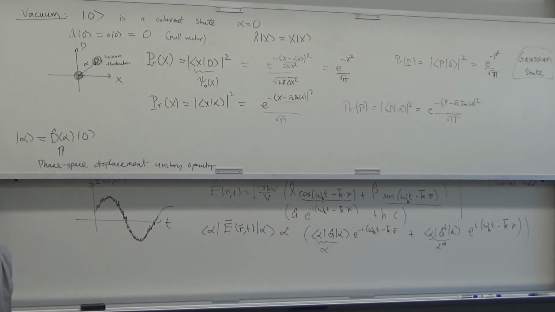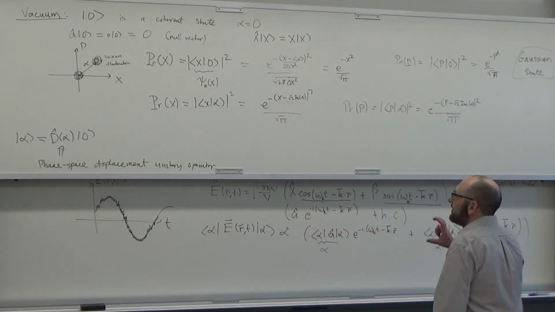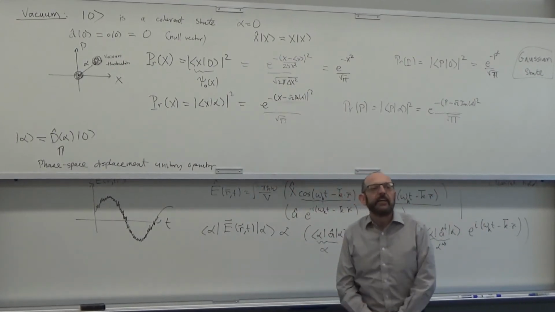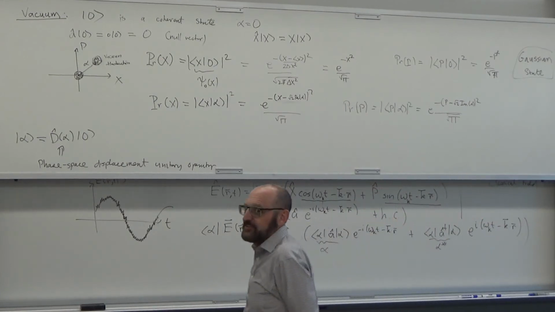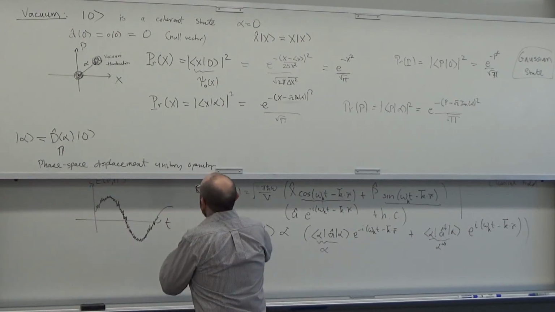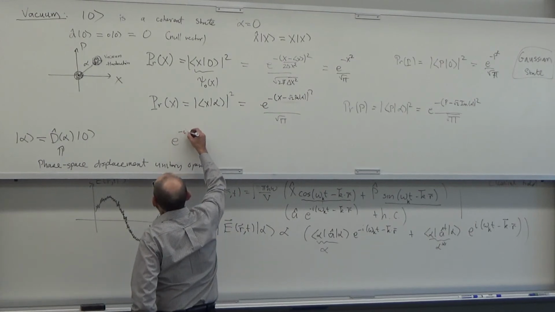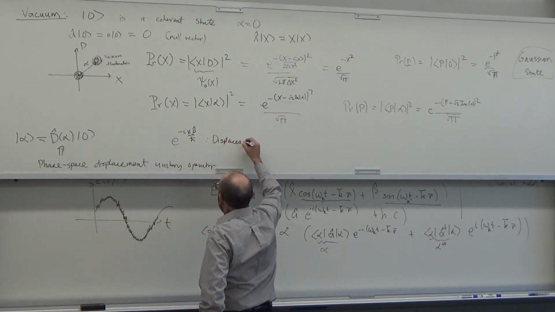If I wanted to displace a state in position, what unitary operator would I apply to the state that takes the state and displaces it in position? What is the generator of position displacements? The momentum operator, right? So e to the minus i x p over h bar displaces in position.